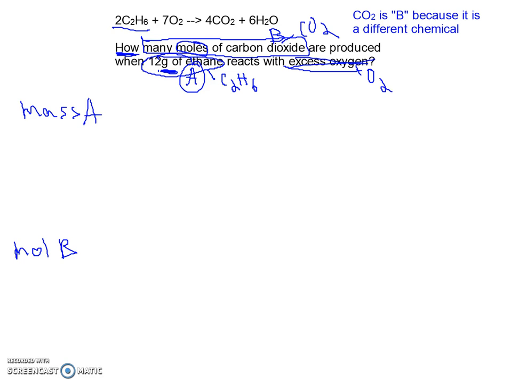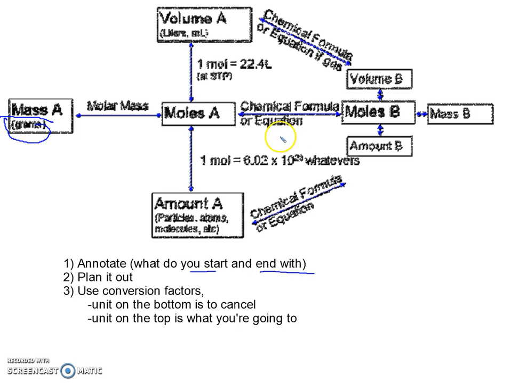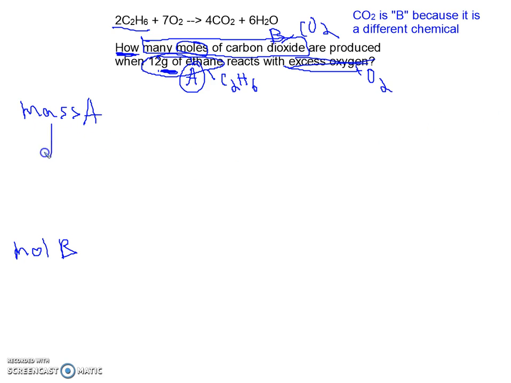Okay, where was I? We're going mass A to mole B. So I'm starting right here at mass A, ending at mole B. To get there, I have to go through mole A. So mass A to mole A to mole B.